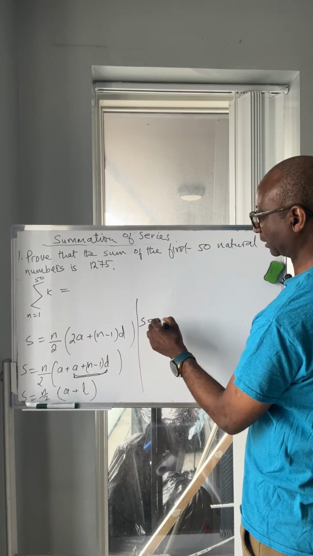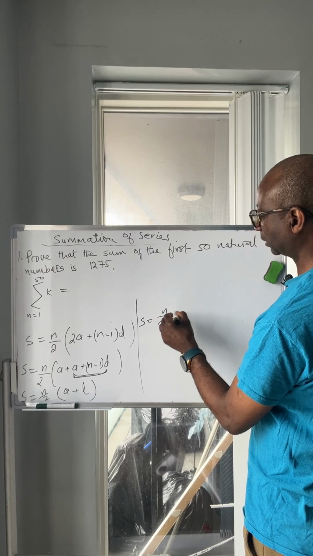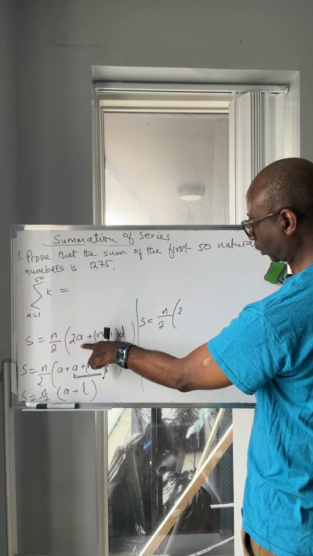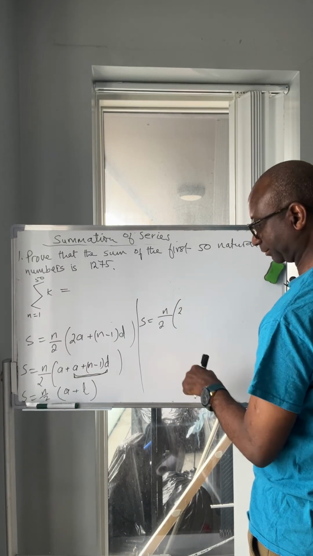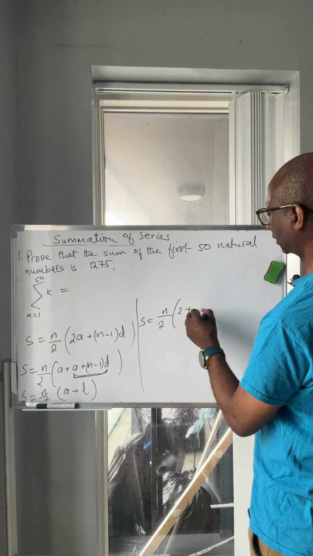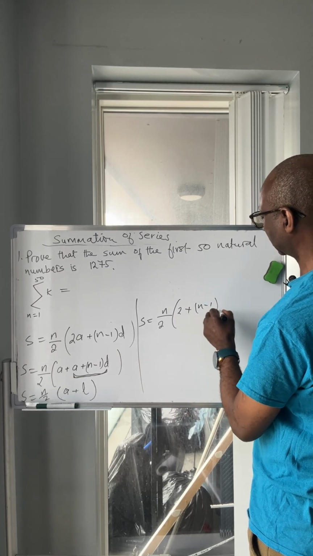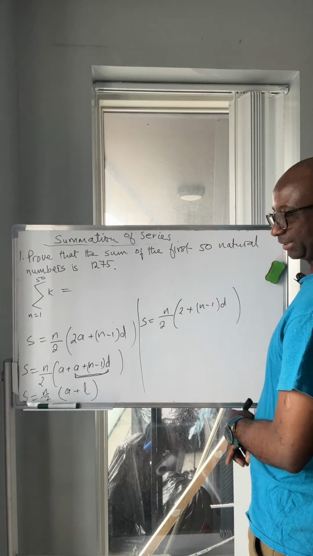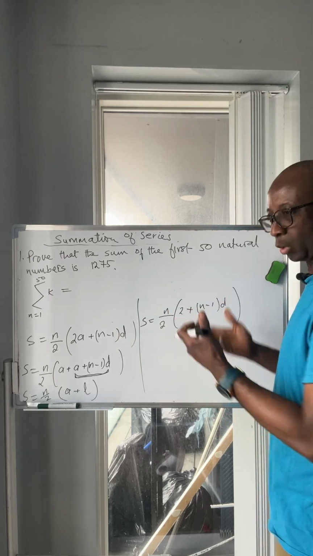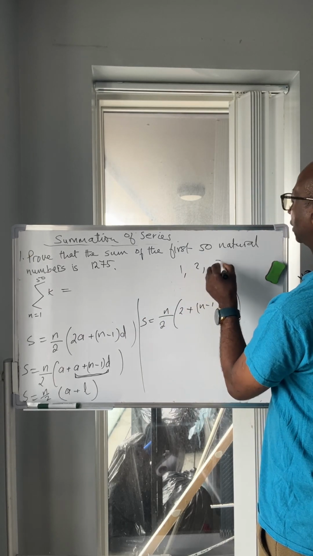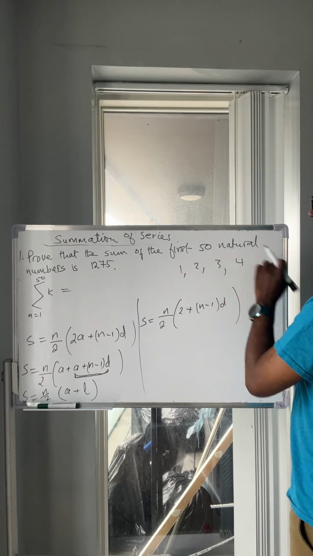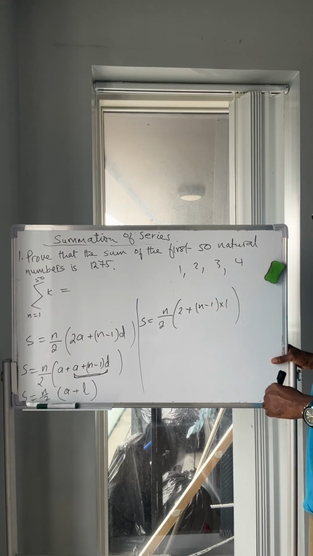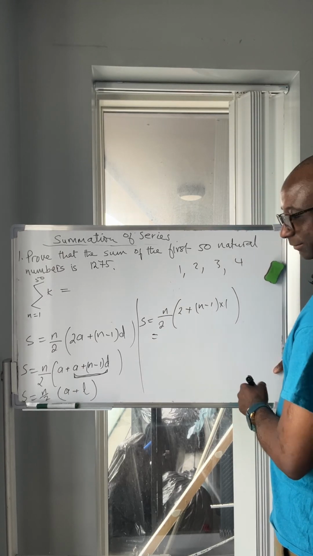We get S equals n all over 2 into 2 times 1, which is 2. The first number a is 1, we're having 1, 2, 3, 4, so a is 1. So we have 2 plus n minus 1 times d. And what is d? The difference between consecutive numbers, 1, 2, 3, 4, is 1. So d again will be 1.